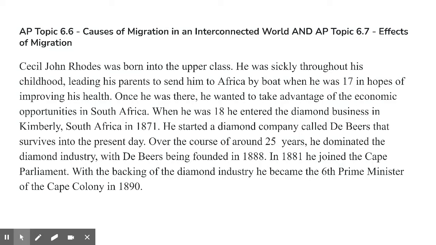Over the course of around 25 years, he dominated the industry, with De Beers being founded in 1888 as a kind of culmination of his efforts. In 1881, he joined the Cape Parliament. With the backing of the diamond industry, he became the 6th Prime Minister of the Cape Colony in 1890.